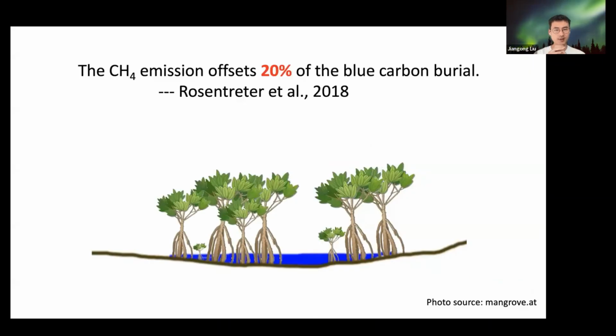Here I will show some major advantages of eddy covariance measurements over traditional chamber measurements. For example, in this study, the authors find that the methane emission can offset around 20% of the blue carbon burial. And the conclusion is based on a collection of chamber measurements from the literature.